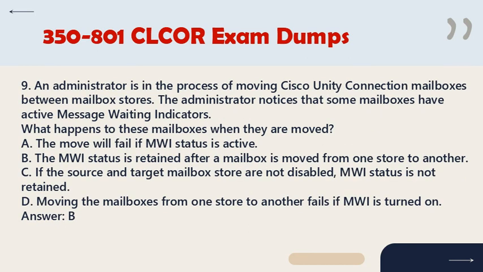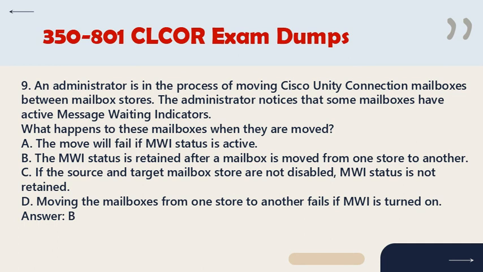9. An administrator is in the process of moving Cisco Unity Connection mailboxes between mailbox stores. The administrator notices that some mailboxes have active message waiting indicators. What happens to these mailboxes when they are moved? A. The move will fail if MWI status is active.